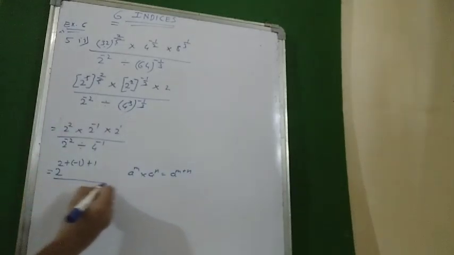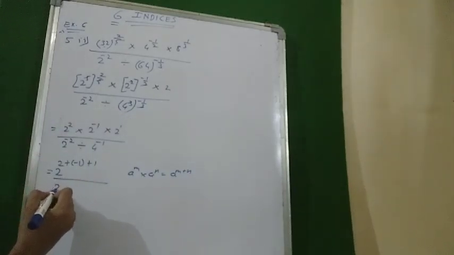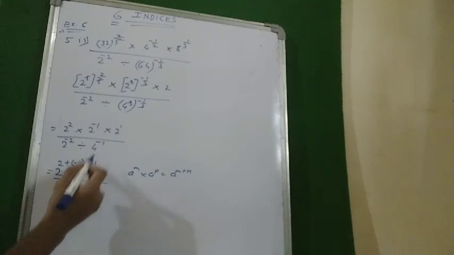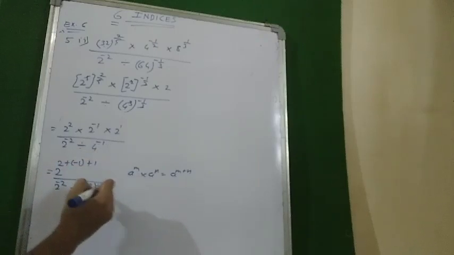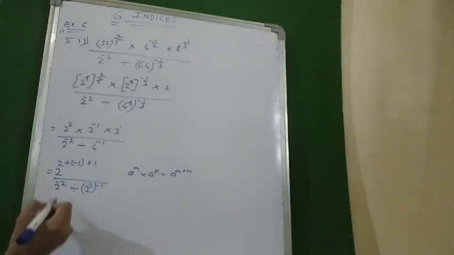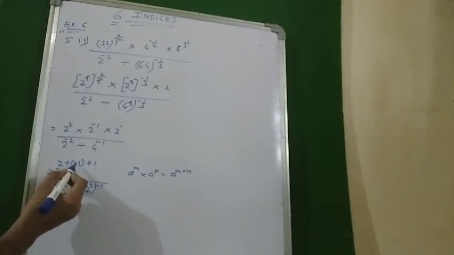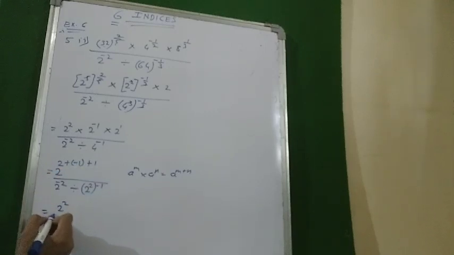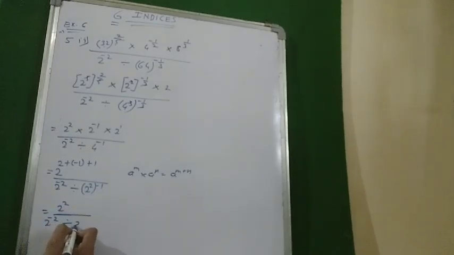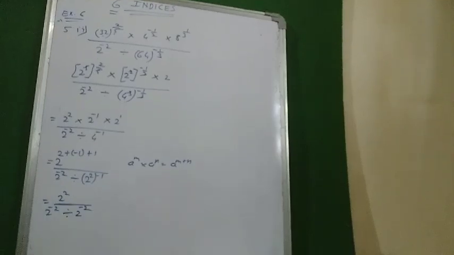Okay, and in the denominator 2 raised to minus 2 divided by 4 can be written as 2 raised to minus 1 as it is. Okay, so I am having here 2 minus 1 is 1, 2 minus 1 is 1, and 1 plus 1 is 2. I have 2 raised to 2, and here in the denominator you can see that we have 2 raised to minus 2 divided by 2 raised to 2 ones are, it is minus 2.